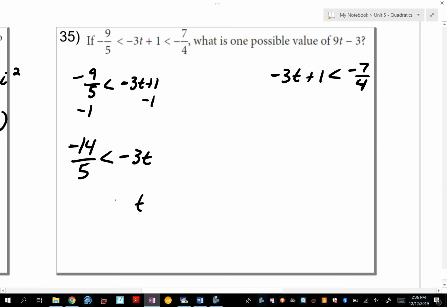So t is going to be greater than, or excuse me, less than, because you got to switch the sign because we're dividing by negative 3. Well, what is negative 14/5 divided by negative 3? Okay, well then I'll do it. 14 divided by 5 divided by 3. It says 0.93 repeating.